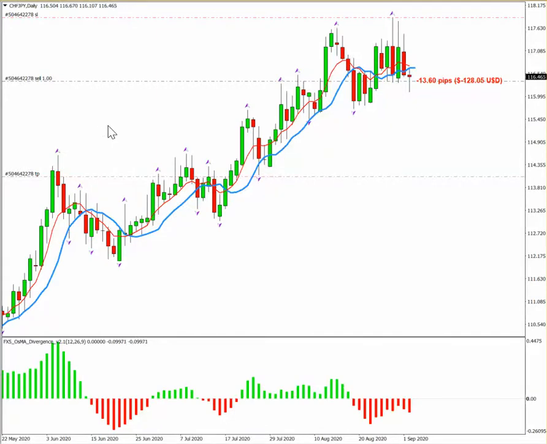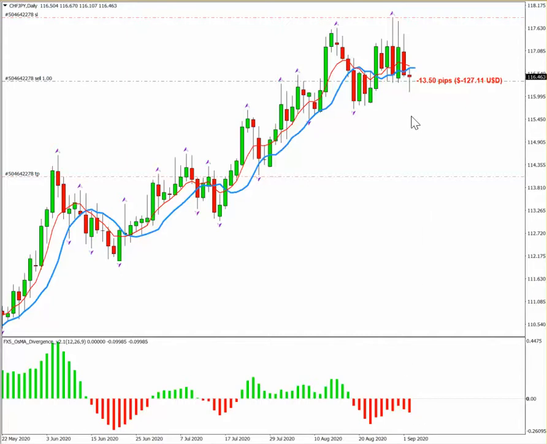CHF/JPY. This was a bad entry, not exactly by the book. As you can see, the moving averages are not aligned for a short yet. They're still kind of consolidating here. I saw this short candle going down. This was nice and red.